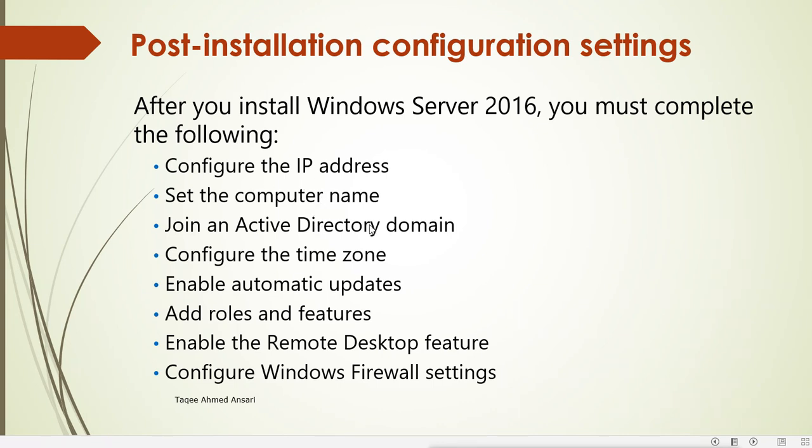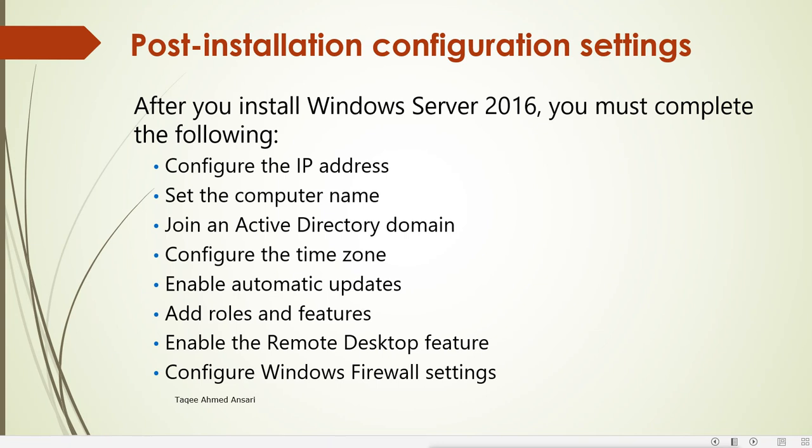Before this we have to create the Active Directory. Then configure the time zone, enable automatic update, add roles and features, enable the remote desktop feature, and configure Windows Server firewall settings. We have to do these things after the installation of a core server, nano server, or even a desktop server.